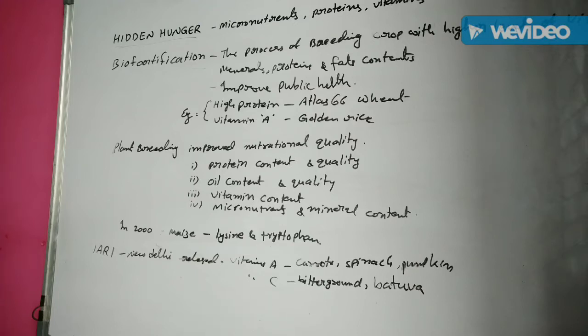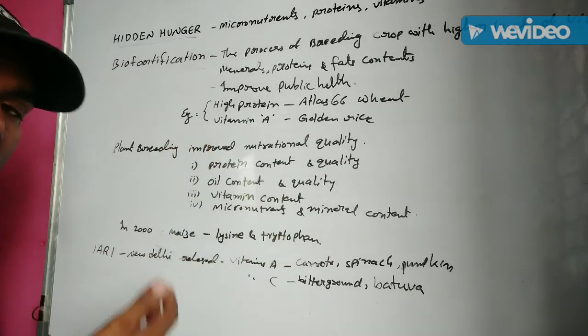Next one, iron and calcium enriched spinach is also released by the Indian Agricultural Research Institute, and bathua is also released from IARI. Protein enriched beans are also released by IARI, like broad beans, lablab, French beans and garden pea.